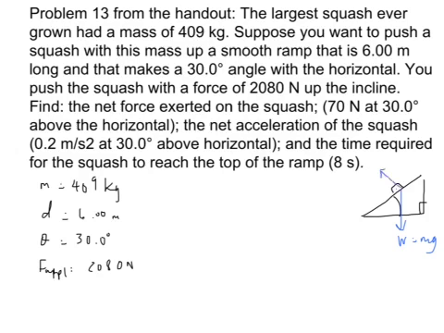Then there's the normal force, and then friction. Oh, there's no friction in this problem. They say nothing about friction, so we assume it's a frictionless surface. So let me erase my friction here. No friction. The last force then is simply the applied force, which points up the ramp.